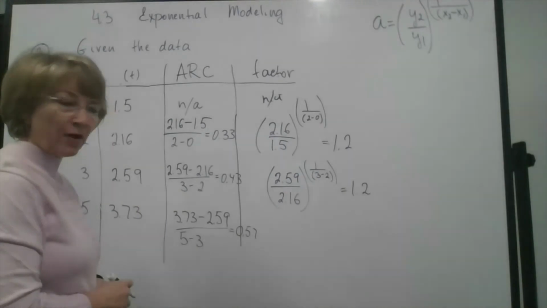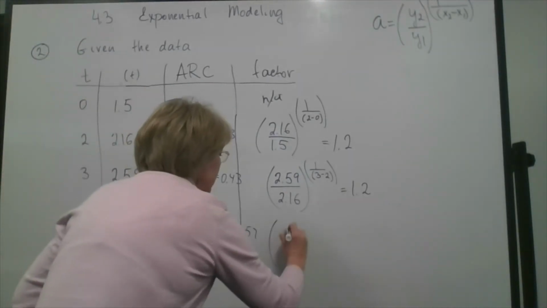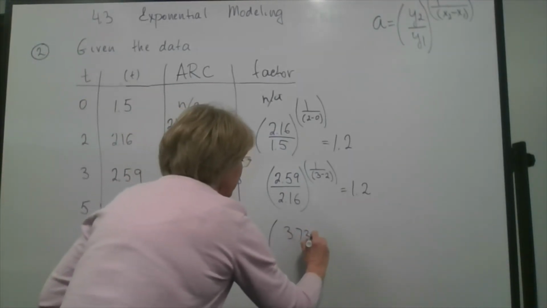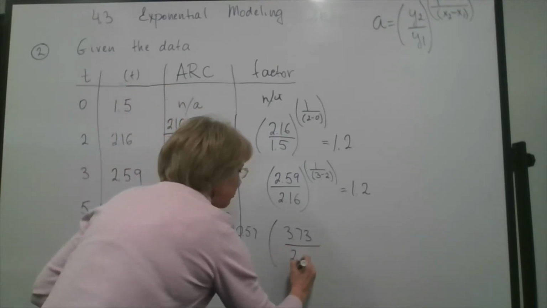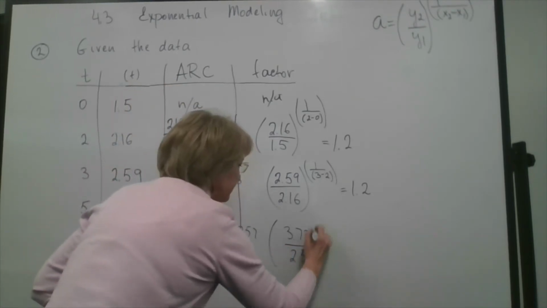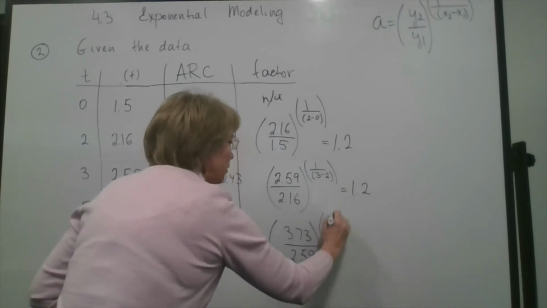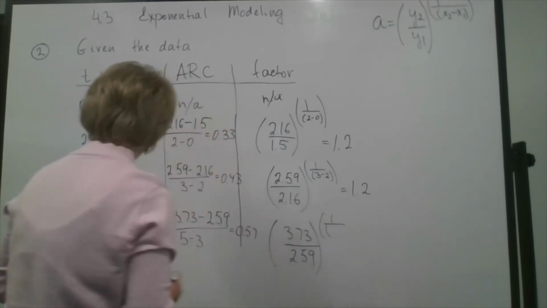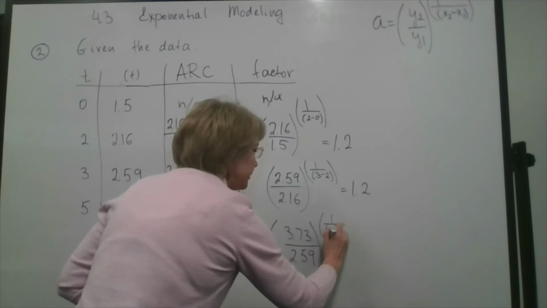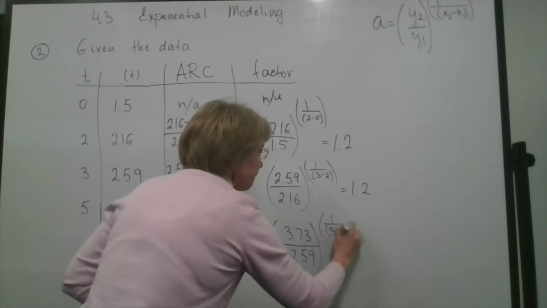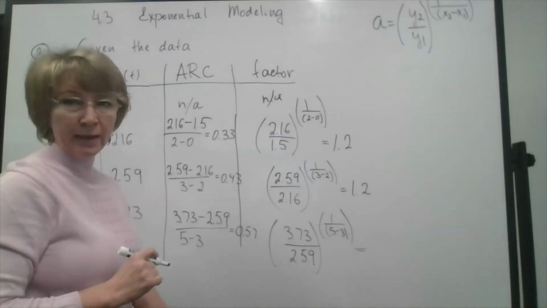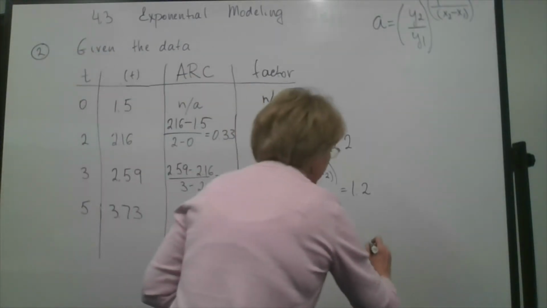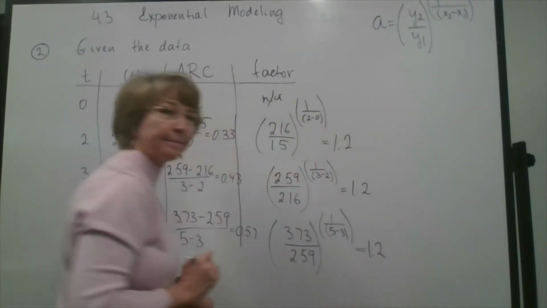And the last factor, 3.73 over 2.59 to the power 1 over, parentheses here, 5 minus 3. And hopefully by this time you know how to type it correctly and you got your answer 1.2 right away.